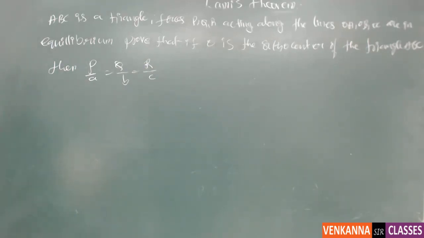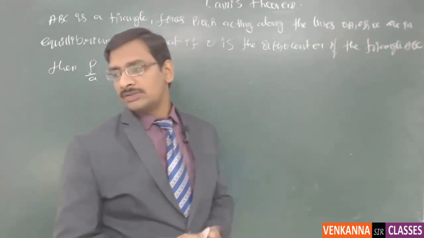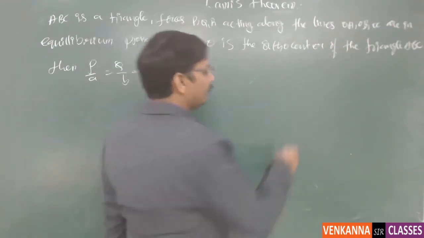Now this is the orthocenter. So you should be able to draw the diagram. He mentioned clearly that it is the orthocenter, right? So let me draw the diagram. See this.